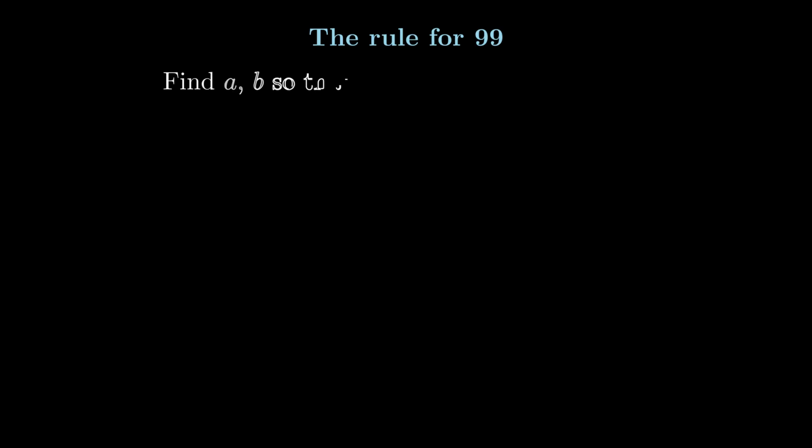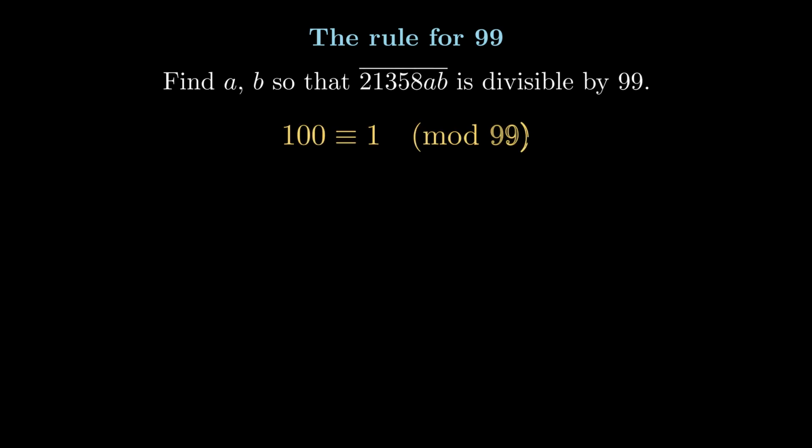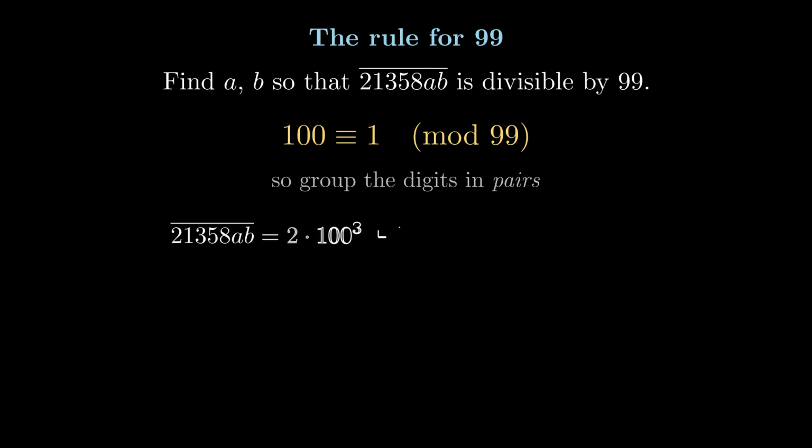The same idea scales up. To handle 99, note that 100 is congruent to 1 mod 99. So instead of digits, we group the number in pairs of digits and add the groups. For our 7-digit number shown on the screen that we want to be divisible by 99, when we reduce it modulo 99, we split it into the pairs 2, 13, 58, and the unknown last pair, AB.